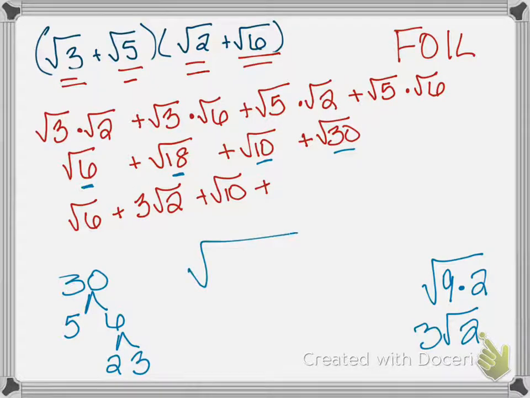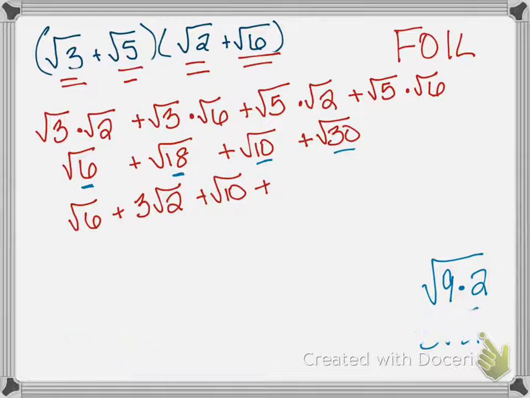So my prime factorization for 30 is 2 times 3 times 5. Does anything show up twice? No, so we don't have a perfect square to pull out of that. Okay? So our final answer is square root of 6 plus 3 on the square root of 2 plus square root of 10 plus square root of 30.